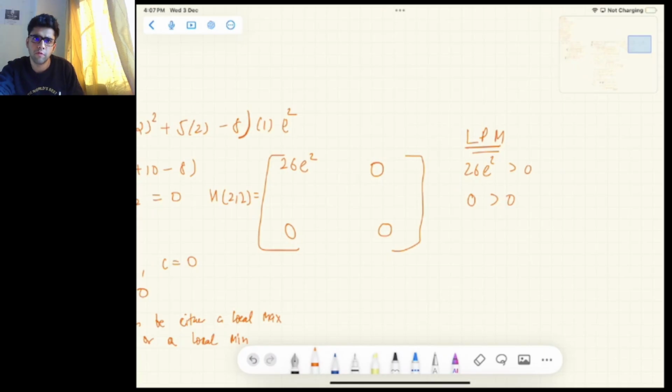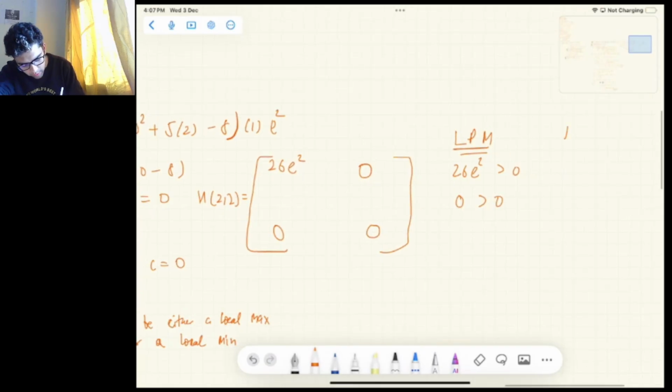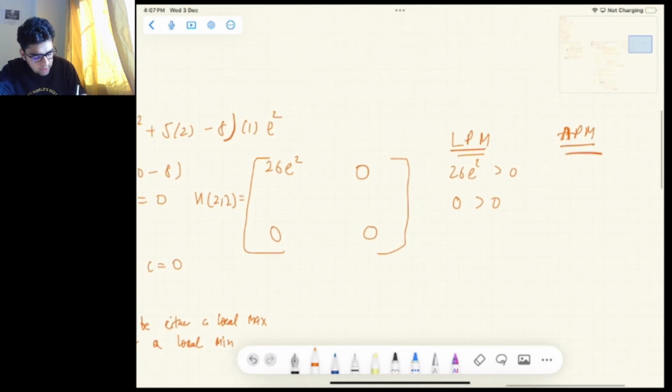I don't remember the full form of LPM, but these are my all principal minors, right? And this is basically my first term, which is A11. This can be anything, right? A11 and A.